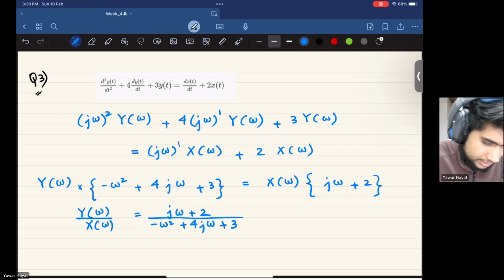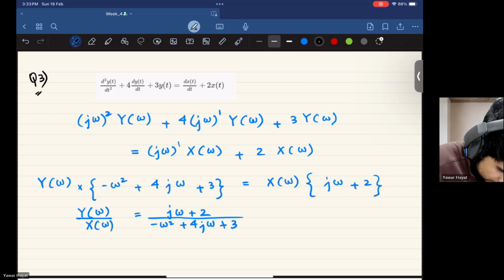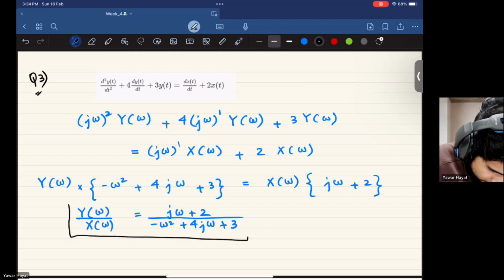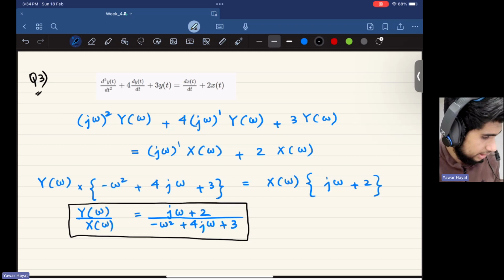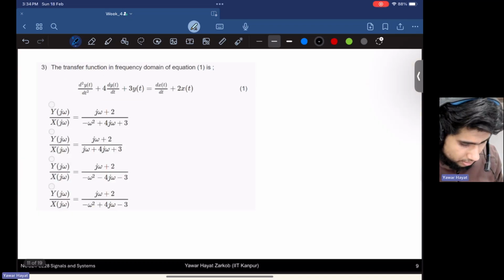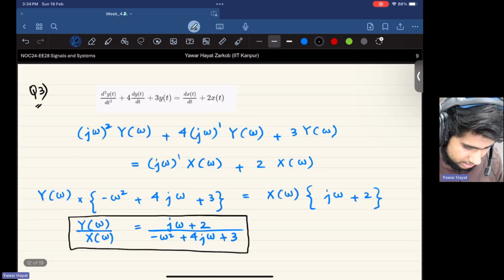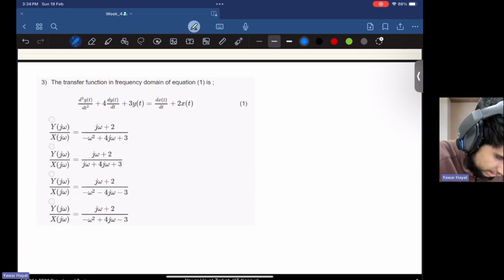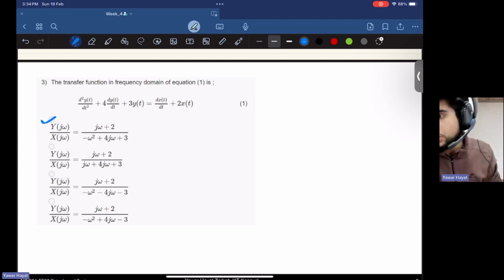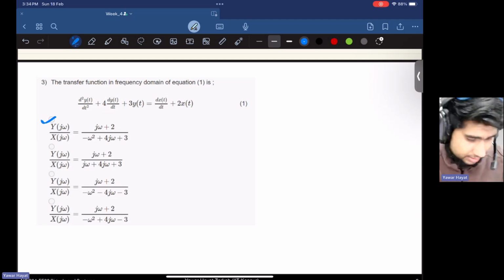Okay, this is the result. Now, which option is correct? The correct answer is option A, right? Option A is the correct answer.